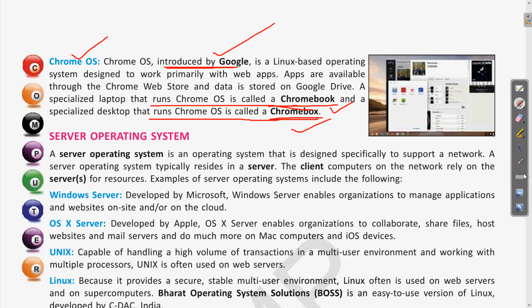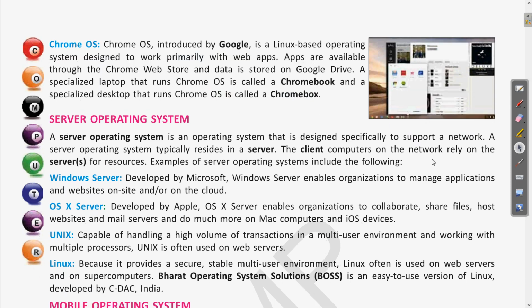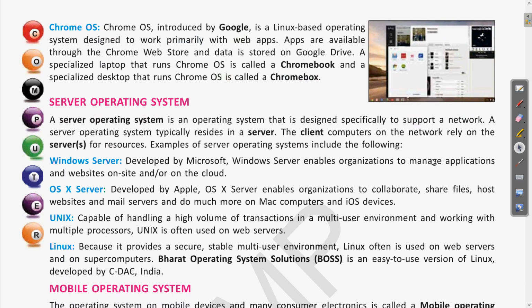Next is the server operating system. All of those we have seen earlier, like Windows, Linux and Chrome OS, were standalone operating systems which were only for a single device. Next is the server operating system. A server operating system basically means an operating system made to operate the server and client model.